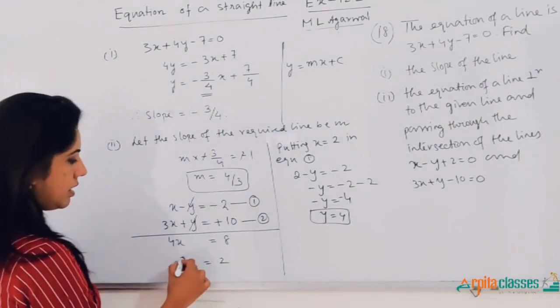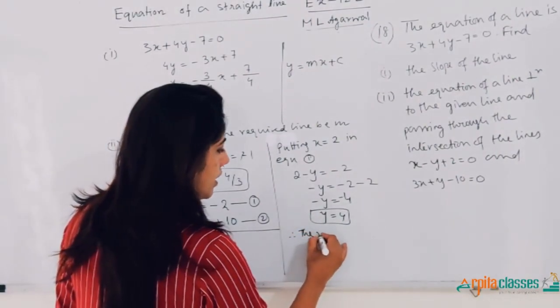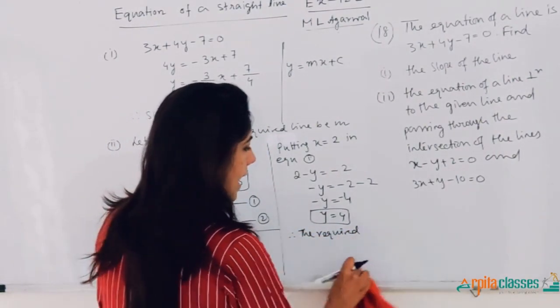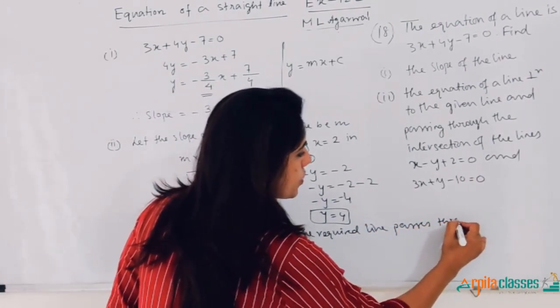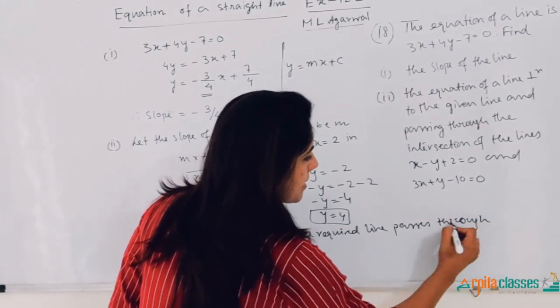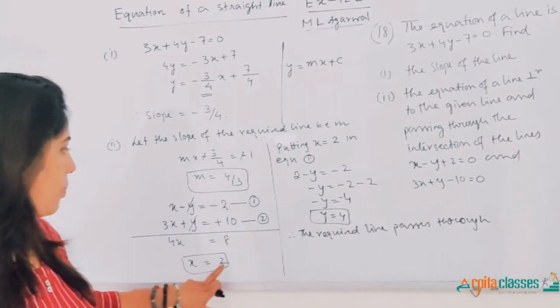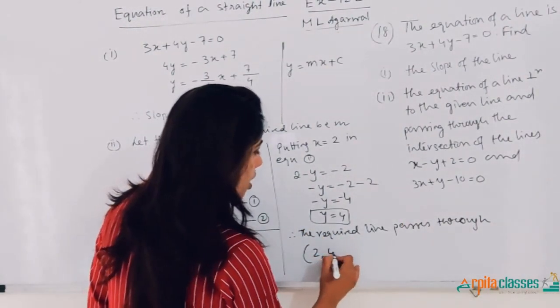So we get the point through which it passes. Therefore, the required line passes through the intersection point of the given two lines, and the intersection point is (2, 4). So the required line passes through (2, 4).